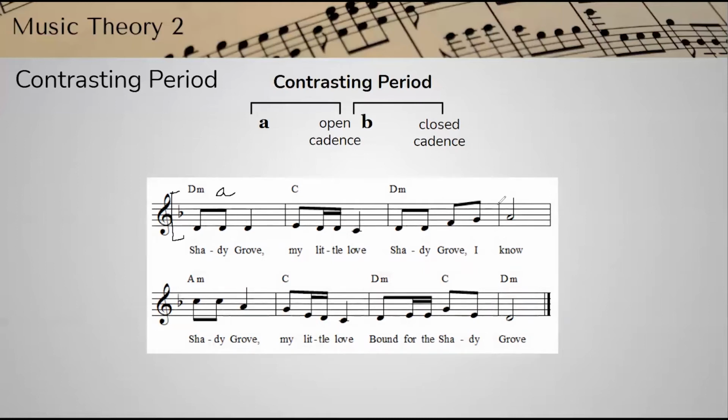That's A. But then it ends on a D minor. However, the melody note is the note A, not the note D. So that is, in fact, an imperfect authentic cadence, which is one of our relatively open cadences, right? So we had an A phrase that ended with an imperfect authentic cadence because the melody ends on A. So this is our A phrase.